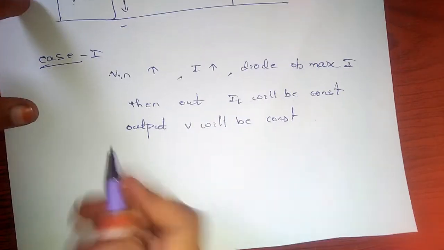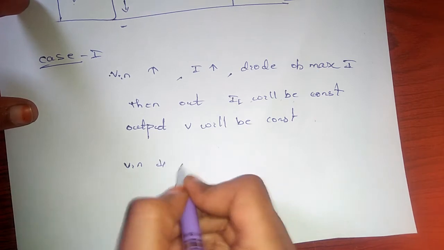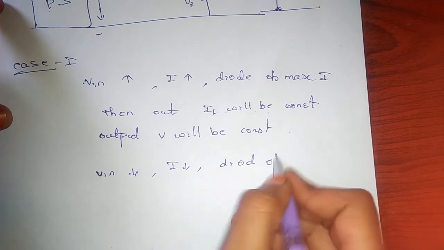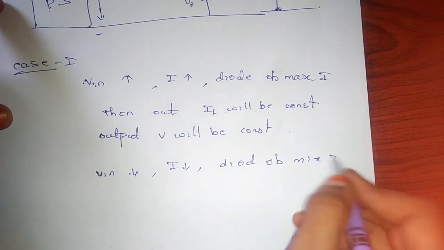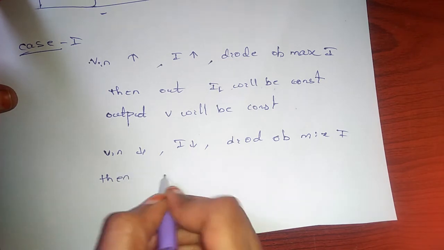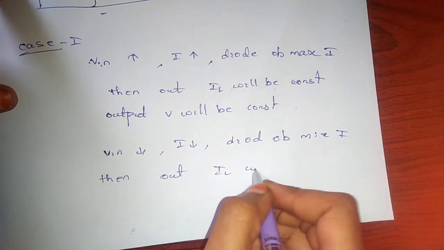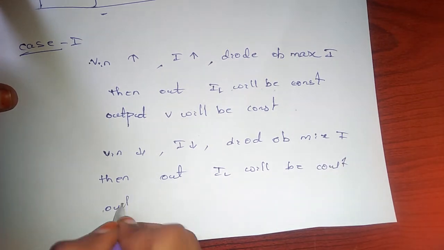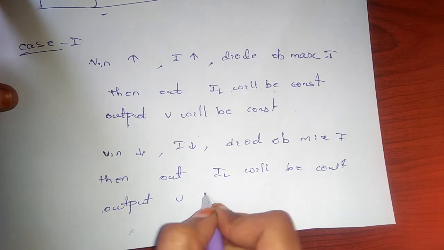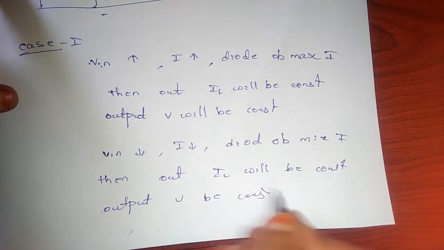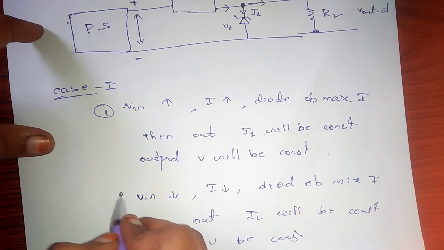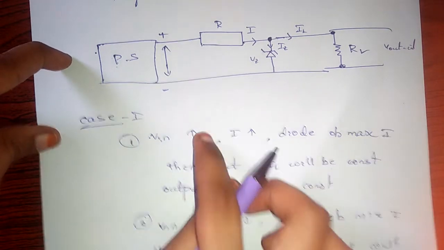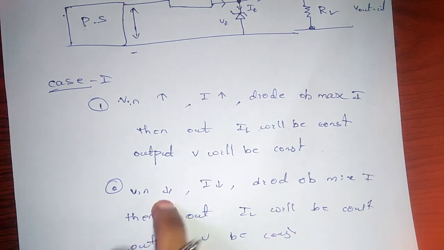If Vin is decreased, then I will be decreased, so that the diode will absorb minimum current, then the output IL will be constant, keeping the output voltage constant. So this is about case 1: increase in input voltage and decrease in input voltage.